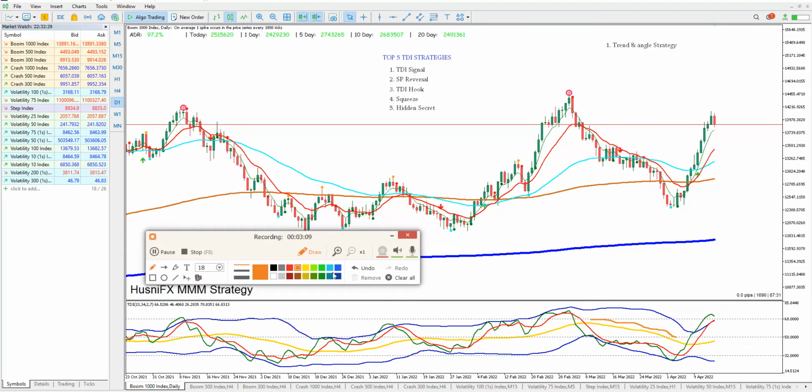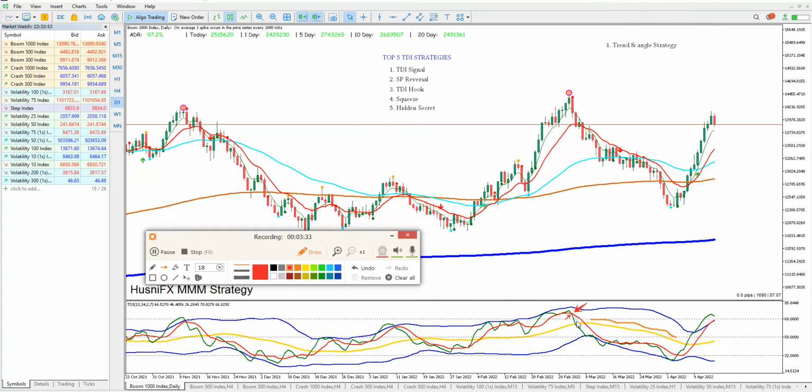And what we can see here is that the red one is crossing above the green one. So this is where we have to trade the TDI signal.